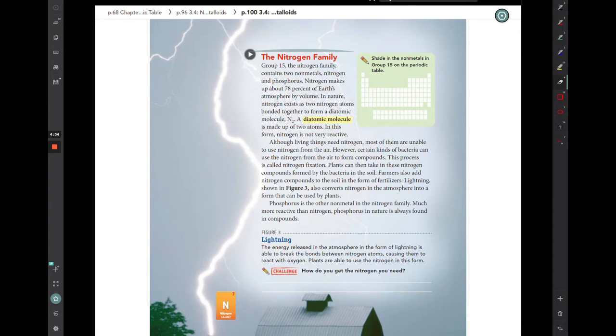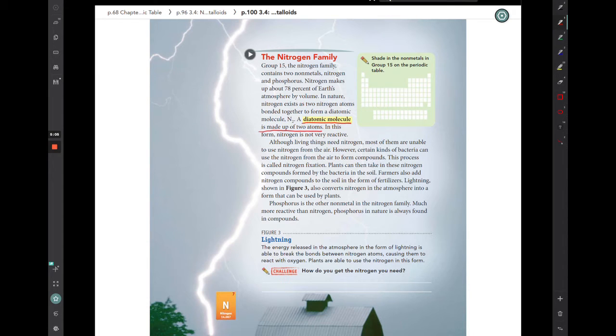Nitrogen is one of those atoms that only exists when it's bonded together with another nitrogen atom. We call that a diatomic molecule, which means it's made up of two atoms. So because it's combined like that, that makes it not very reactive. So in nature, nitrogen is always going to exist as two nitrogen atoms bonded together.